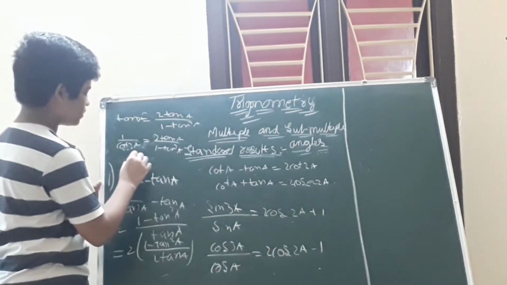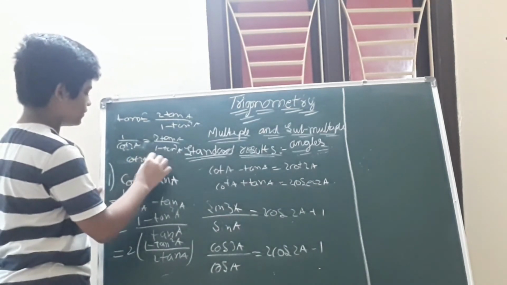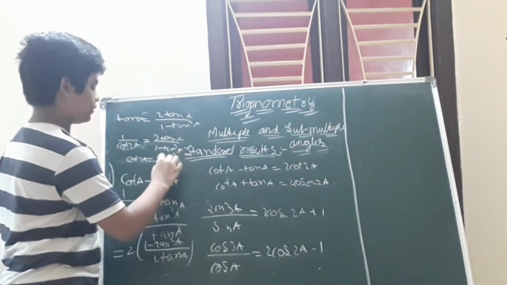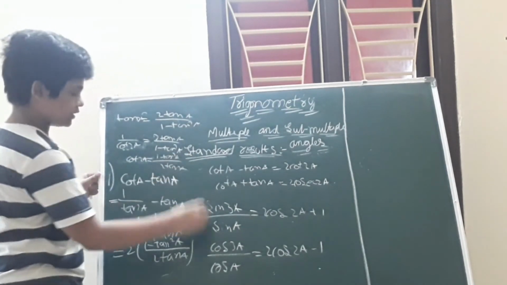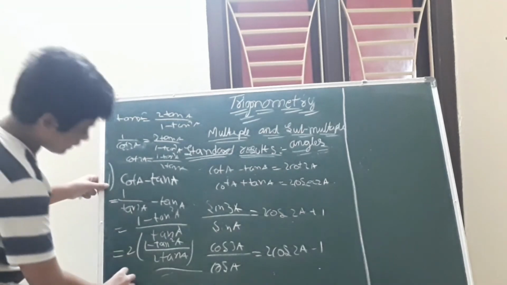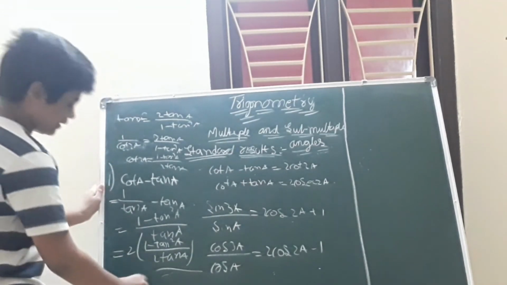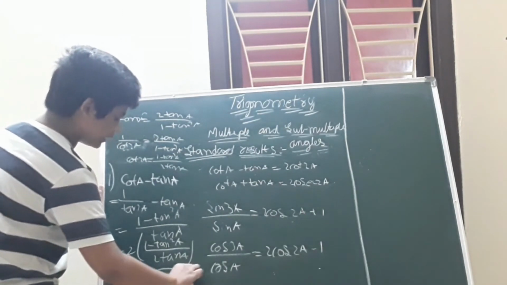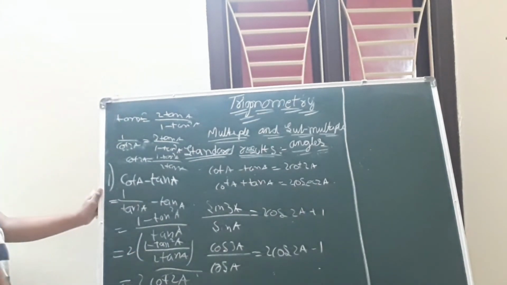So it becomes cot 2A is equals to 1 minus tan square A by 2 tan A. So it is also in the same form. So we can write cot A minus tan A as 2 cot 2A.